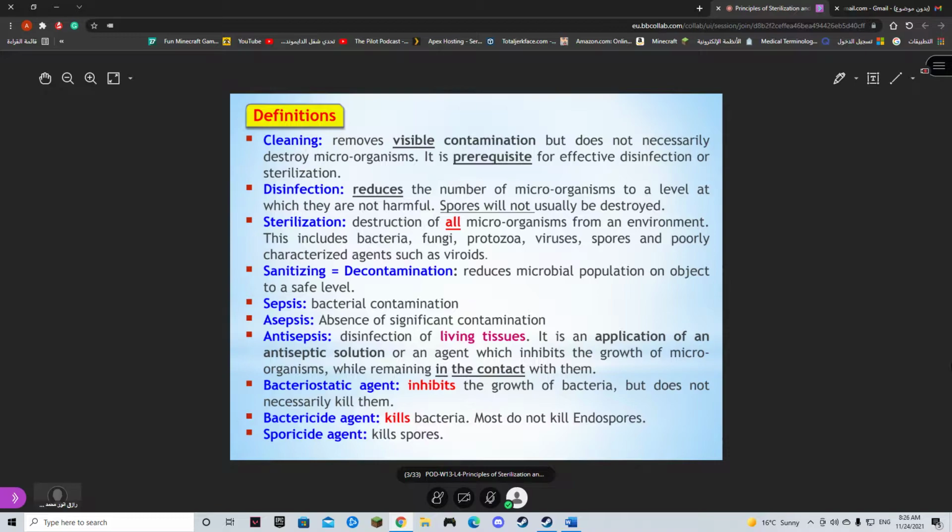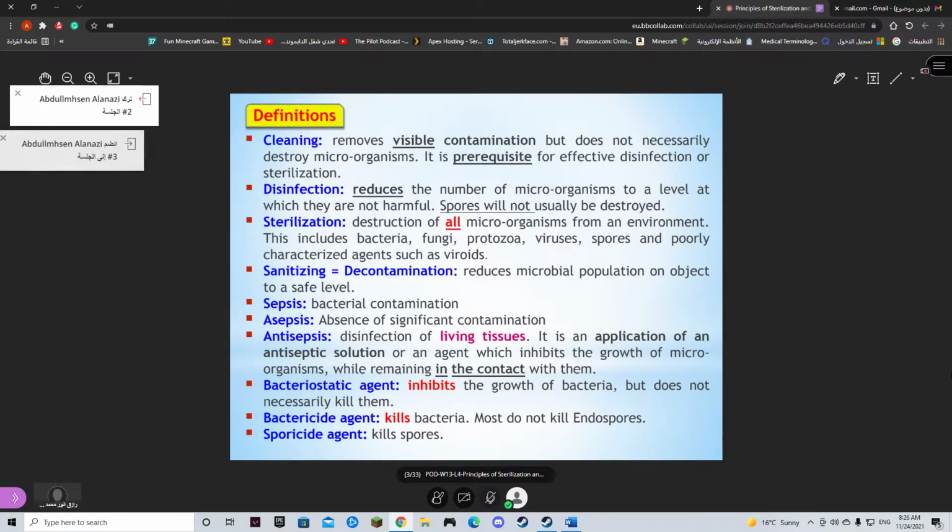Cleaning, you know that. In your house you have Dettol, and different types of detergent. Clorox, chlorine, yes, very important.